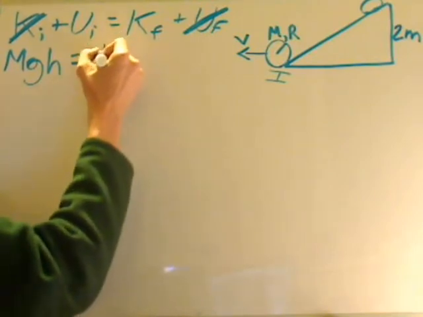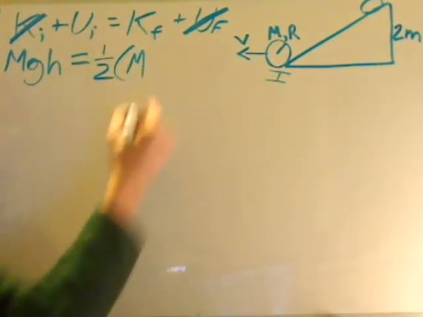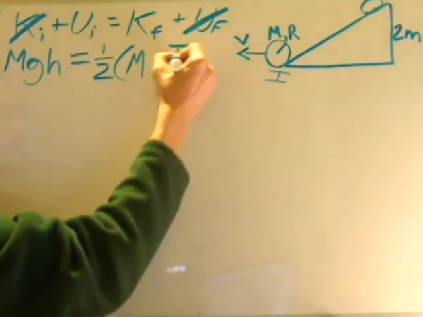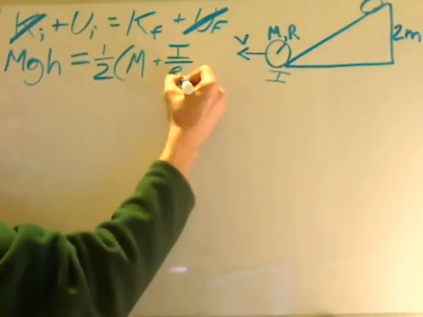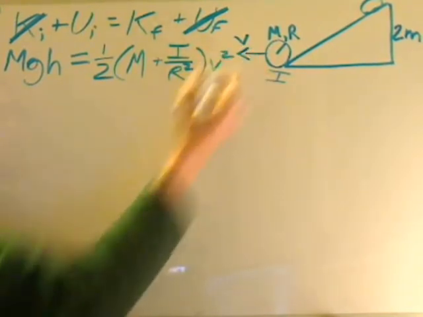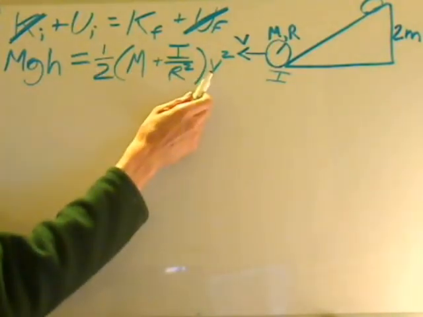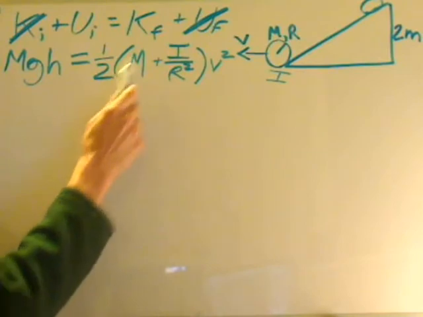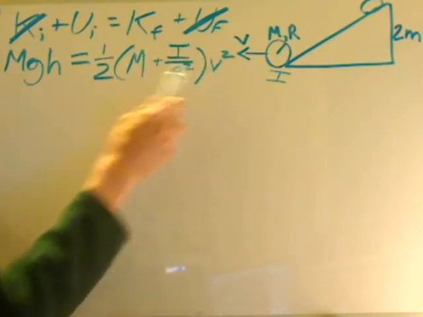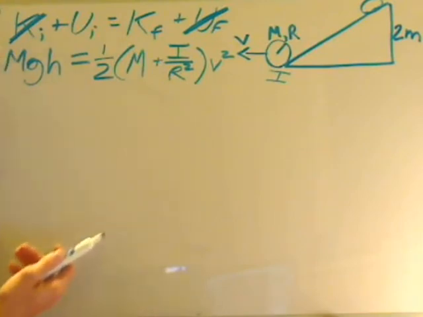It's 1/2 times the quantity mass of the object plus moment of inertia over r squared, times velocity squared. The 1/2 mv squared is translational kinetic energy. The 1/2 I over r squared v squared is our 1/2 I omega squared rotational kinetic energy.